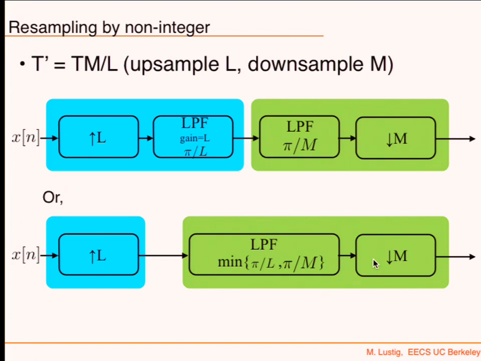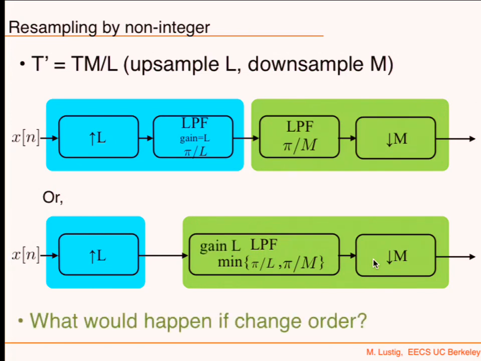And the question is, can you change the order? Can I first downsample and then upsample? Well, not really. The problem is that the downsampling operation loses information. Upsampling doesn't lose information. So if you downsample first, you might low-pass filter the high frequencies, and then when you upsample, you're not going to get them back.